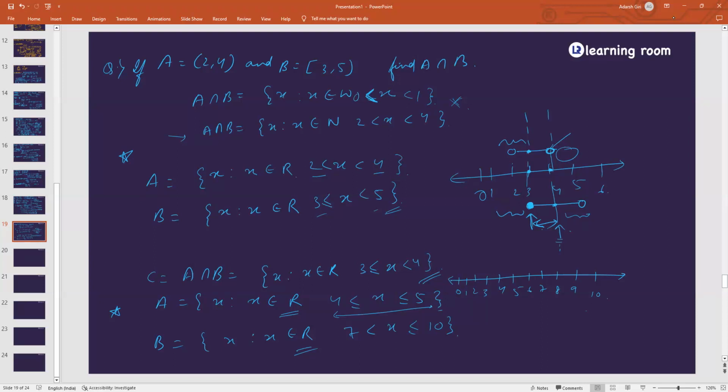So didn't you see in the number line that the first set is being represented from here to here, 4 to 5? And the second set is starting from here and ending here. That means there is no common point between them, and A intersection B is nothing but 5. Wasn't this easy?